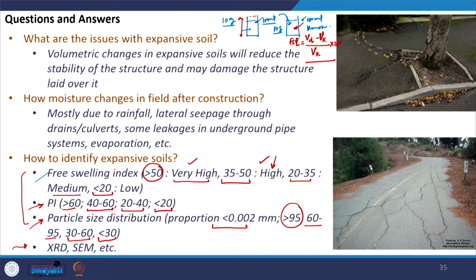In that direction we have various tests, for example commonly XRD, an X-ray diffraction test, and a scanning electron microscopy test and so on, which will tell us more about the morphology characteristics of the soil particles. These are some of the test methods to identify the expansive soils.